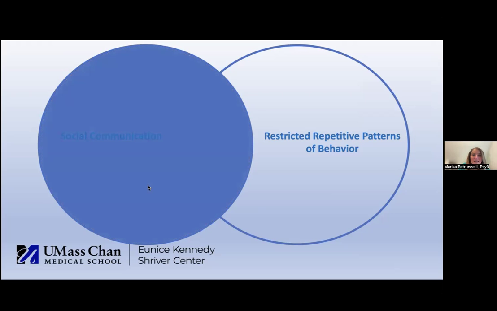In regards to diagnostic criteria, in terms of social communication, we're looking specifically at this area of social reciprocity. We're going to talk a little bit more about what this entails specifically in young children, but this back and forth of social interactions, nonverbal communication, and the integration of nonverbal and verbal communication strategies.